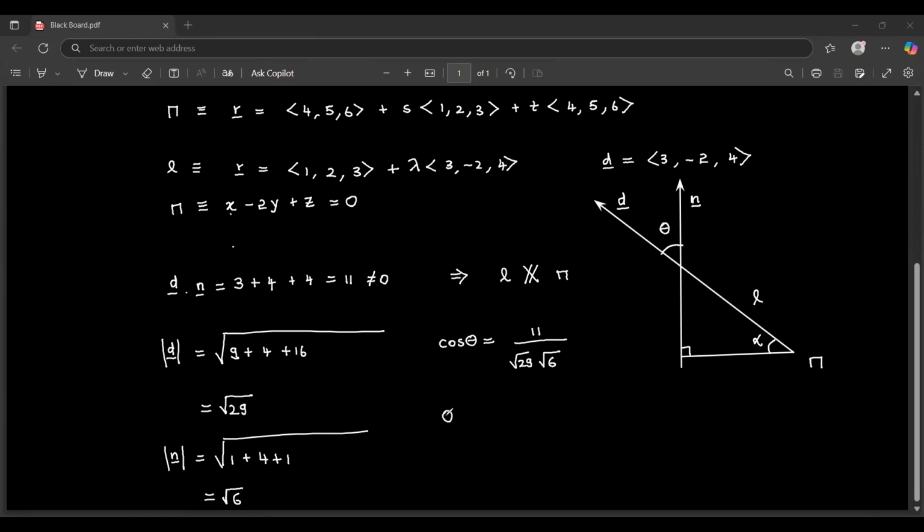So theta will be equal to cos inverse of 11 over square root of 174, and alpha will be equal to 90 minus cos inverse of 11 over square root of 174. Okay, so this is what we have to find.